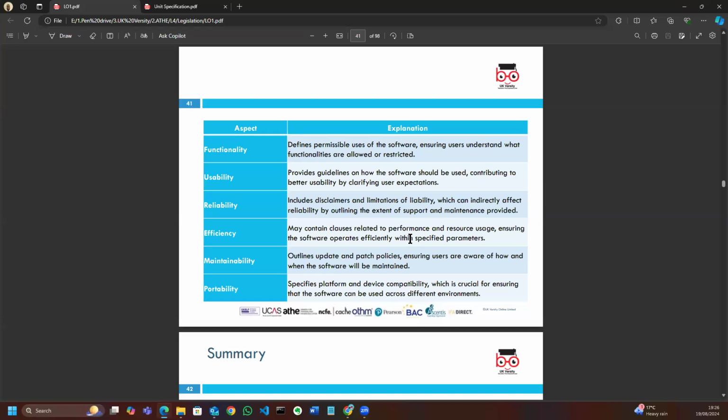For usability, it is going to provide guidelines on how the software should be used, contributing to better usability by clarifying user expectations. For instance, the company will make available a user guide with everything that the end user needs to know when it comes to setting up and working with the new system.